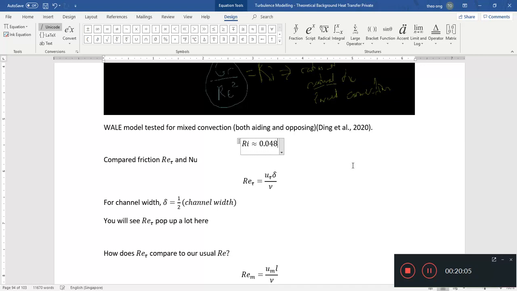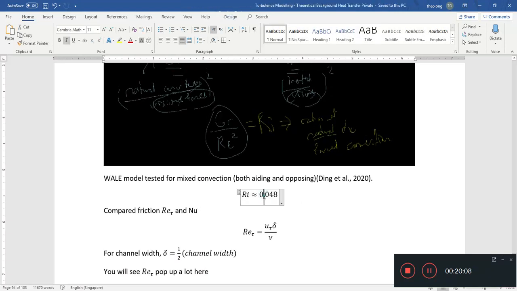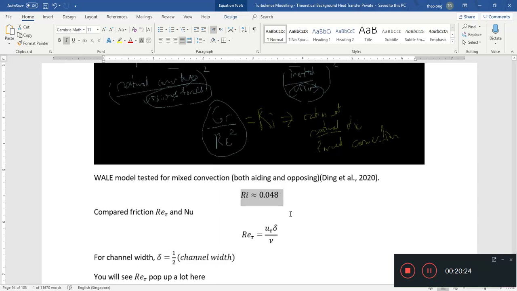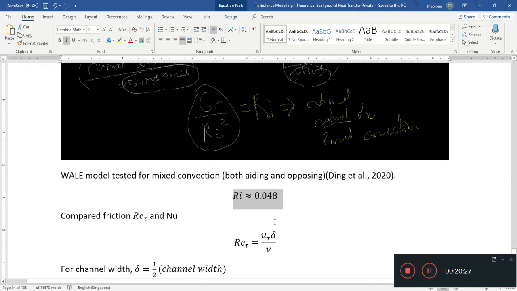For all intents and purposes, most of the time you can neglect natural convection here, but in this mixed convection heat transfer we will notice that we cannot neglect natural convection, because it affects our Nusselt number a lot.